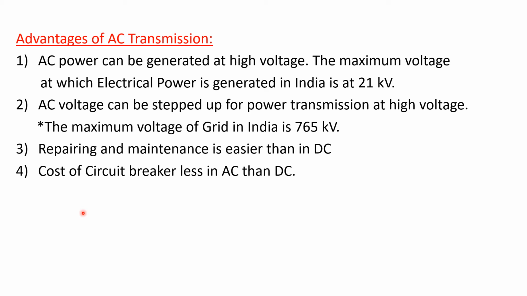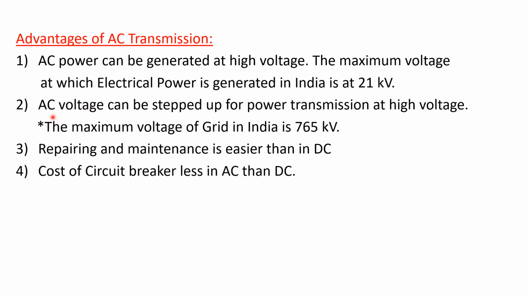In general, based on better economy, we generate electrical power at 11 kV in India, but the maximum electrical power that can be generated in India is at 21 kilovolt, though normally it is 11 kV. So that is the first advantage of AC transmission system. It is very easy to generate alternating current.